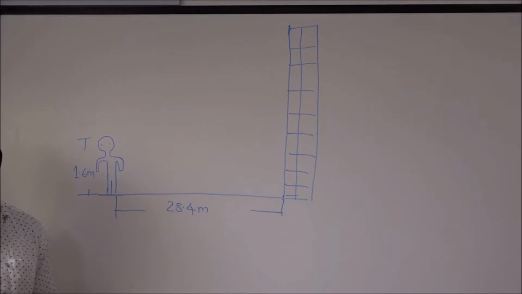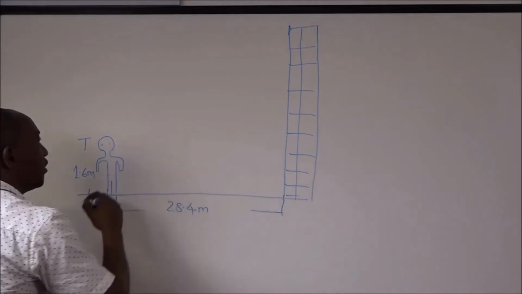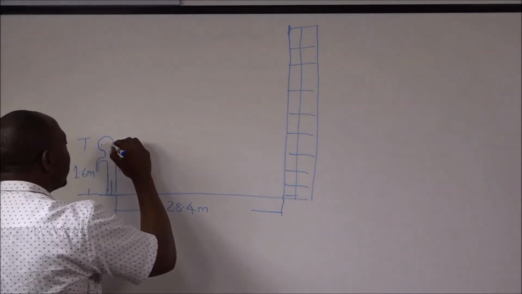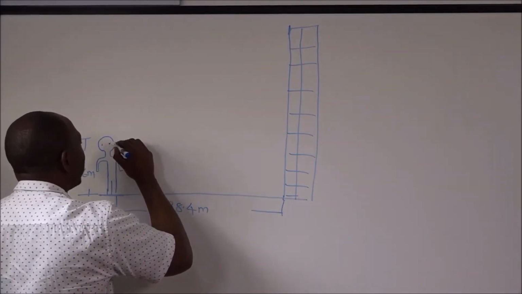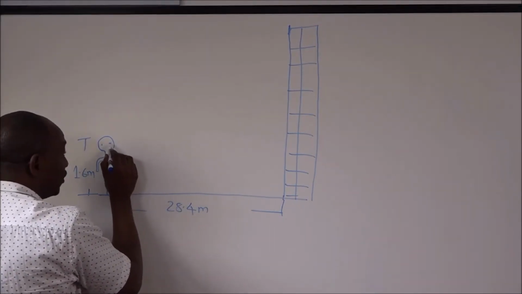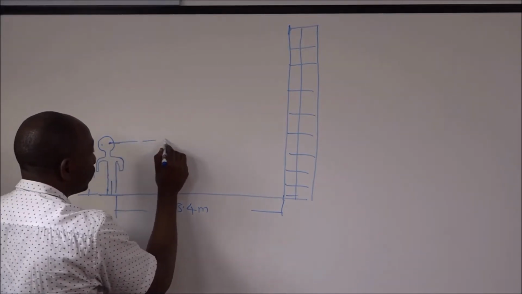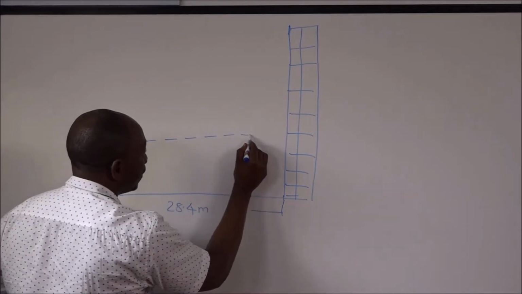Okay, the angle of elevation of the top of the tower from its eyes is 45 degrees, angle of elevation. So this observer is looking at a certain point on the top of the tower. That's why we have given the angle of elevation. So it's observing a certain point on top of the tower. So this one, the levels are, this is the observer's eye. So this will be the level. You have to represent it by drawing a horizontal line.